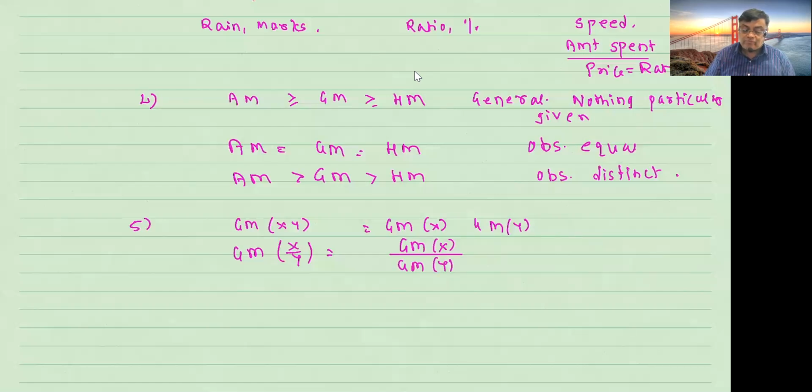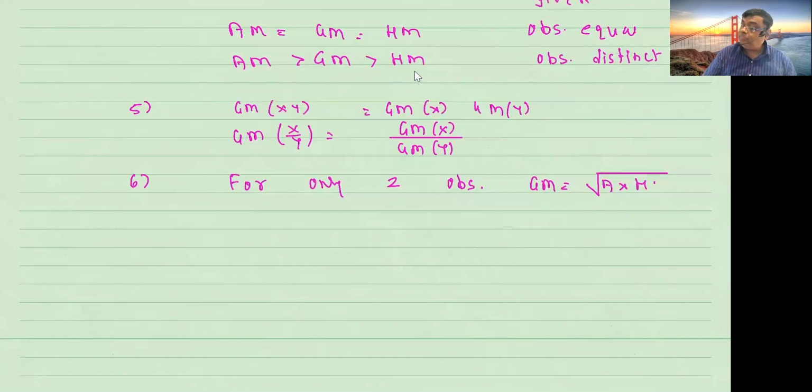But for only two observations, geometric mean is equal to square root of arithmetic mean into harmonic mean. That is, geometric mean is the geometric mean of arithmetic mean and harmonic mean. Square root of product, which is harmonic mean, no?